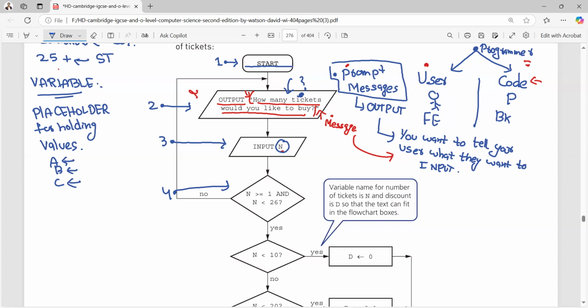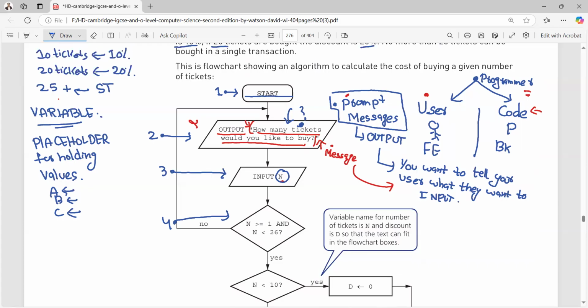Good. So when you have a condition like this, that means you have decision statements. If the value is not acceptable, like if the value is 0 or 27, that means this does not align with my question.